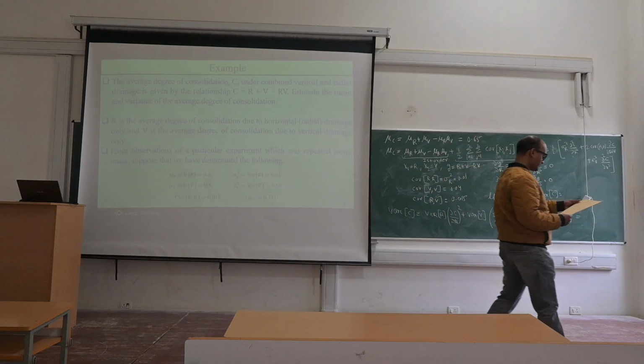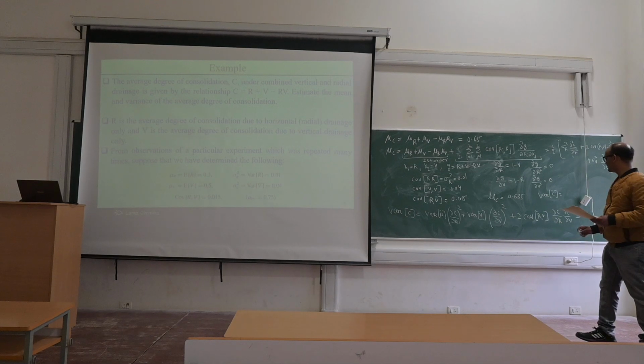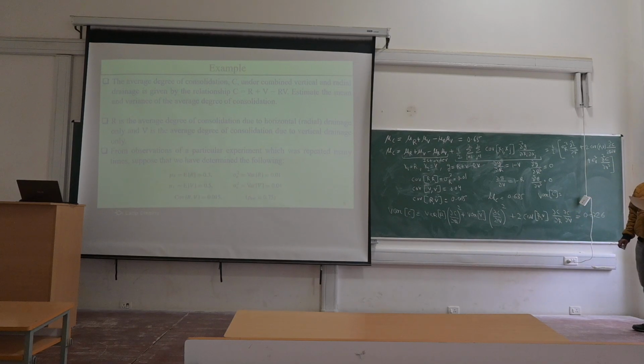So what is the answer, variance of C? 0.0326, right? You are getting. How many of you are getting this number? Raise your hands. Two persons got. You also got? What is the problem?